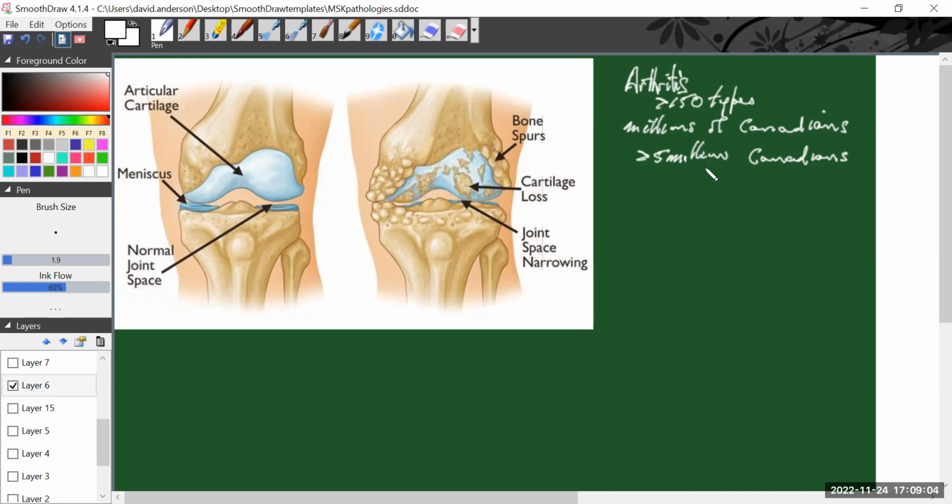So this is an incidence. So the first type we want to talk about, which is the most common type, is the one that you can see in this picture here, is called osteoarthritis. And it's abbreviated as OA, and it's also seen as degenerative joint disease.